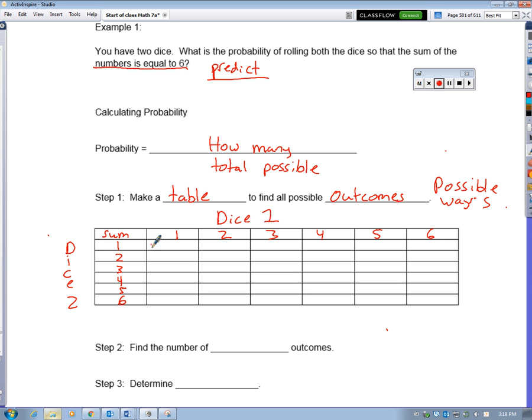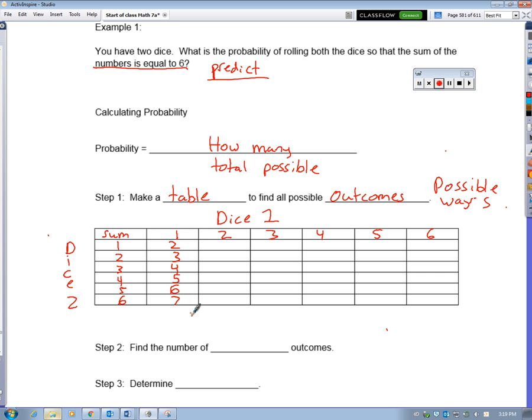For example, if we roll a 1 and a 1, that's going to add up to a 2. A 1 and a 2 gets us a 3. A 1 and a 3 gets us a 4. A 1 and a 4 will give us a 5. A 1 and a 5 is going to get us a 6. And a 1 and a 6 would get us a 7.